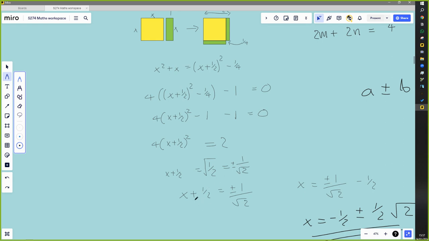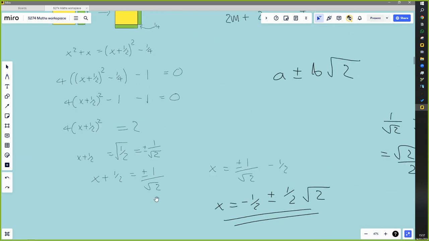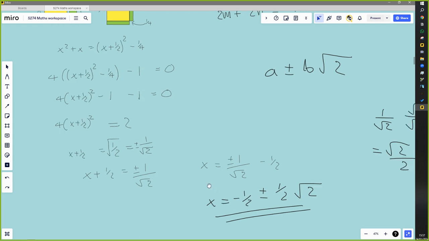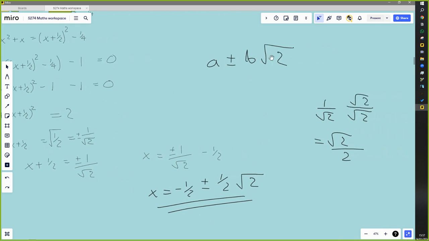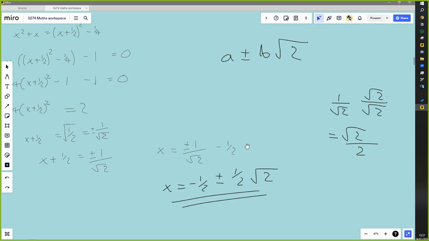That's the same as what I got earlier on. Then I wrote it out again over here, and I just rearranged it. Then I realised I needed a negative half first, and I had to rationalise this denominator, so that's how I did that. Okay, so I'm pretty happy with that.